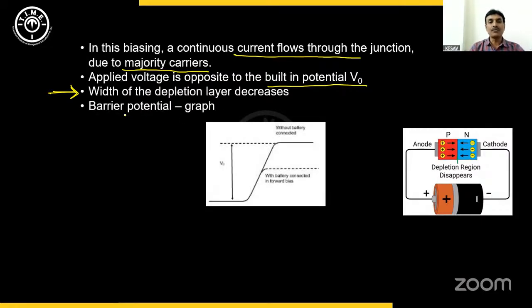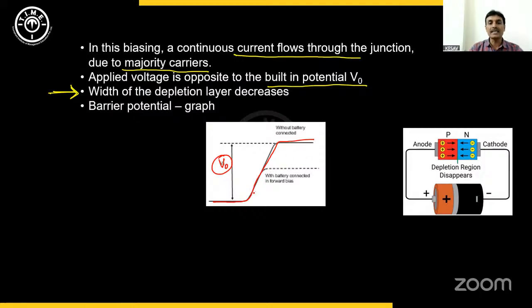Coming to the barrier potential graph. Without the battery connected, the potential difference is shown like this. V naught is the barrier potential.